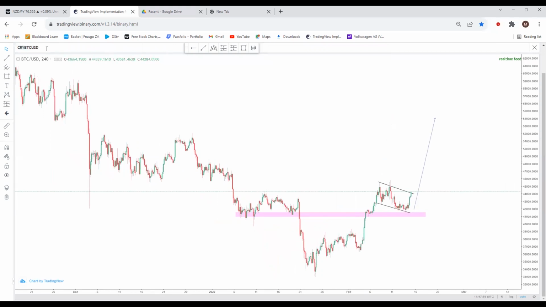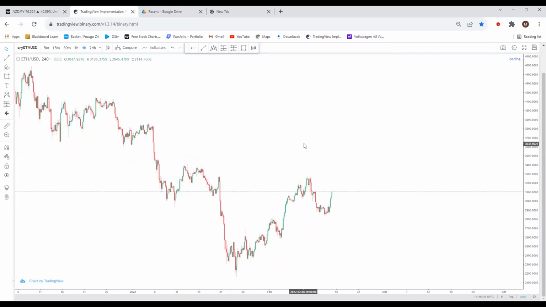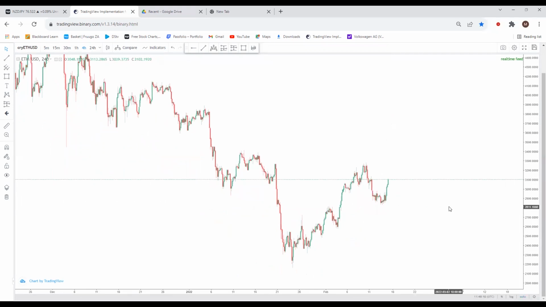Ethereum kind of correlates, so they go hand in hand, which means the charts are a bit similar. This is Ethereum, and it almost looks like an exact copy of Bitcoin, but there are differences in levels. As you can see, these shoulders are not symmetrical.